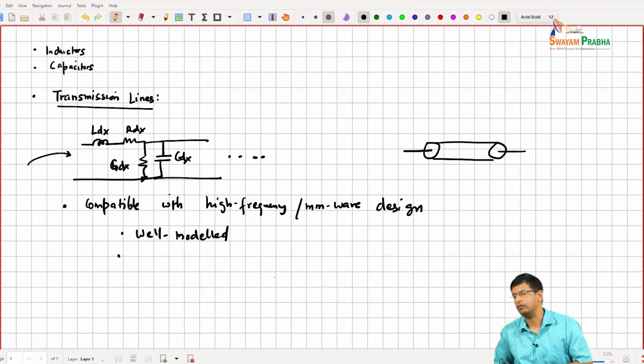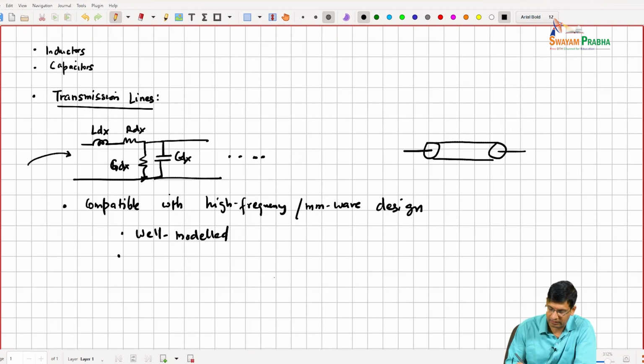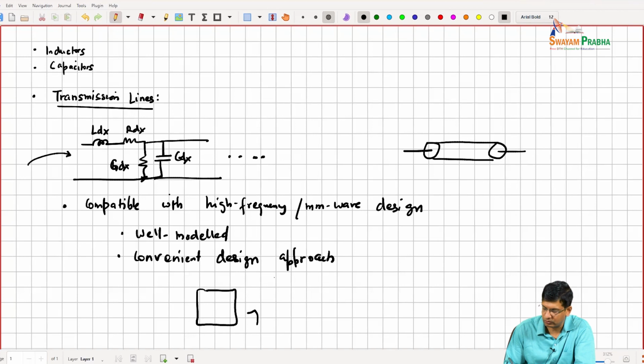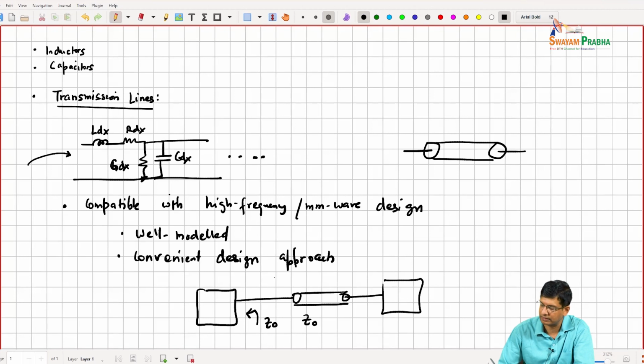And if we decide on a characteristic impedance, then we can break up our design by a convenient design approach, where we can design our blocks to have output of Z0, and then we can interconnect blocks with the transmission line with characteristic impedance Z0, and then make sure that this block is matched to Z0, right?